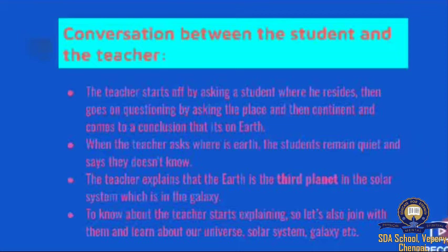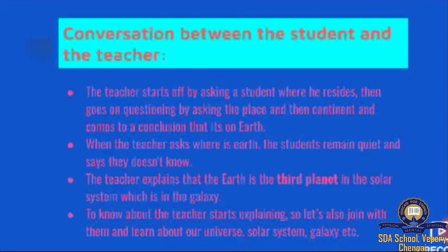Here, the teacher starts by asking a student where he resides. As the student answers, the teacher continues to ask the place and then the continent where the student resides. As a conclusion, the student says that he resides on Earth.